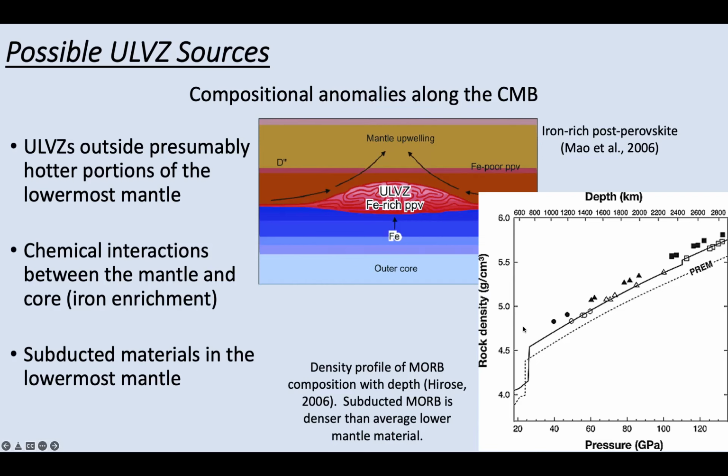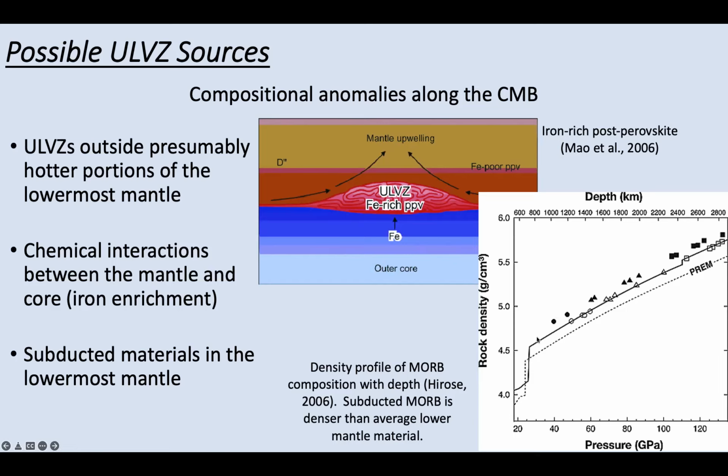The other plot here on the lower right is a graph from Hiroshi's 2006 study. And what you're looking at here, there's depth along the top axis, pressure along the bottom, so whichever one you prefer. And the vertical axis is rock density. The dashed line here is the expected change in density with increasing depth or increasing pressure for a standard Earth model called PREM, the Preliminary Reference Earth Model.